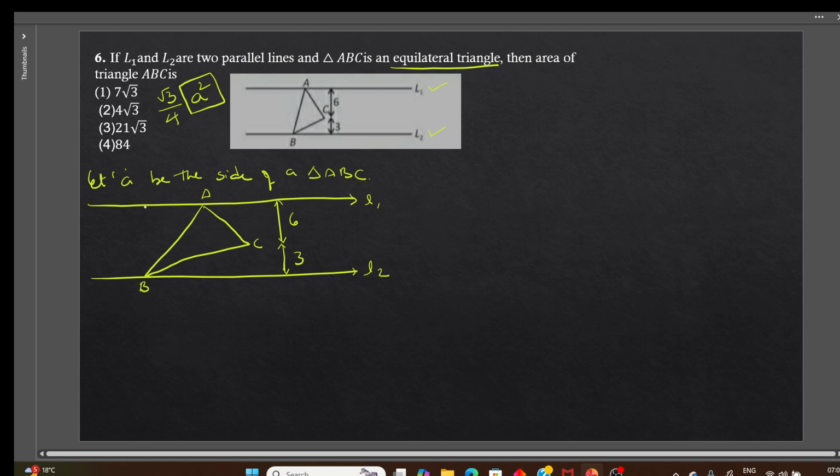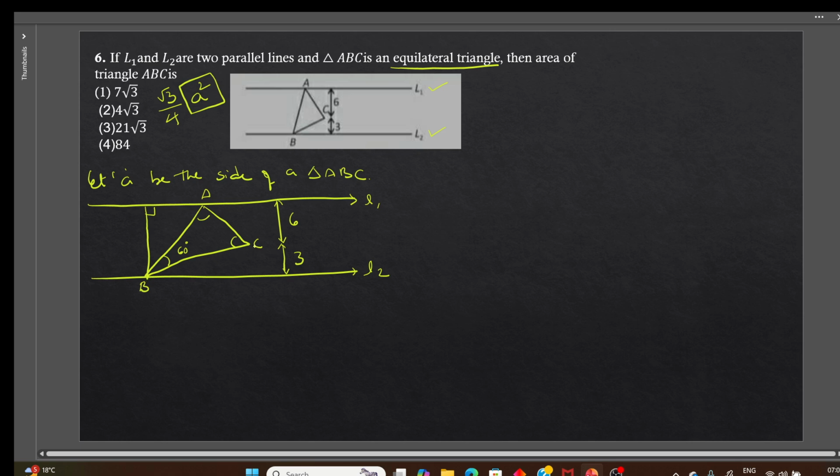So here consider a straight line which is perpendicular to L1 and L2. It is an equilateral triangle, so each angle is equal to 60 degrees.